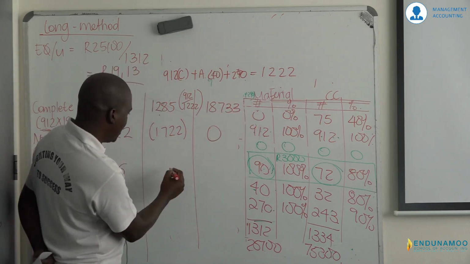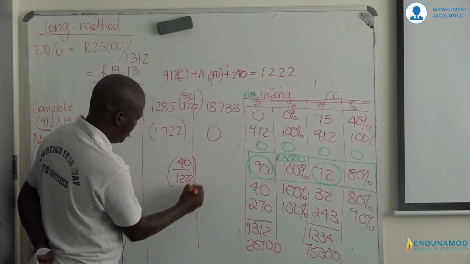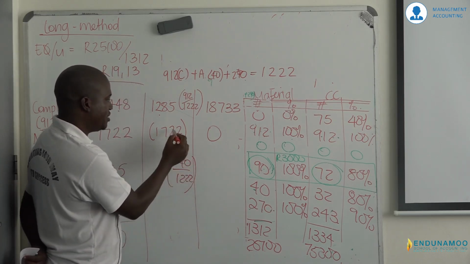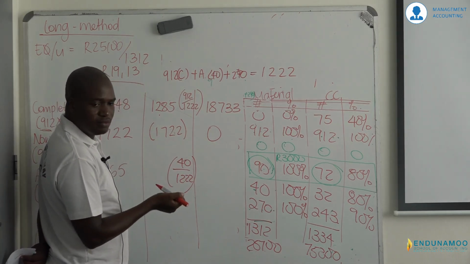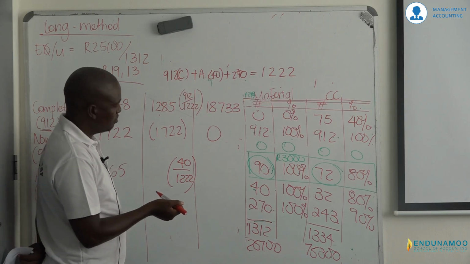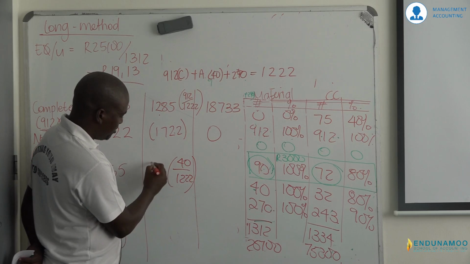Then you do the same, but now you allocate 40 out of 1222 times 1722. That gives 56.